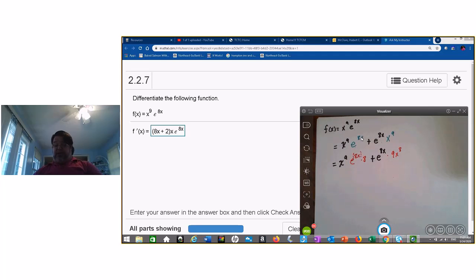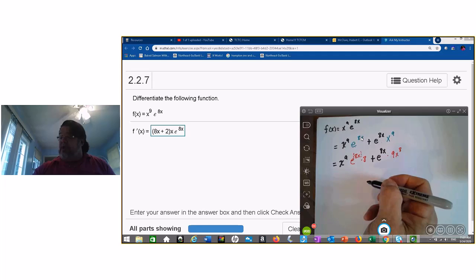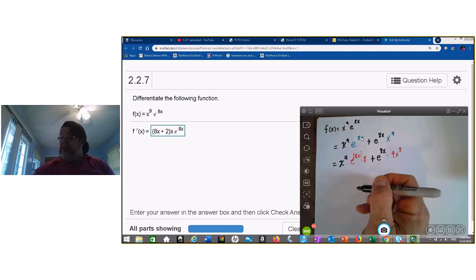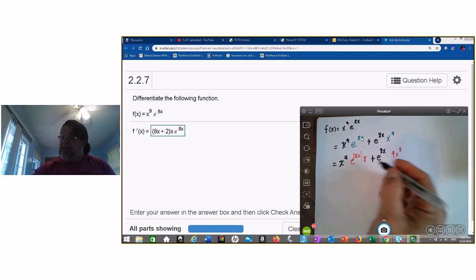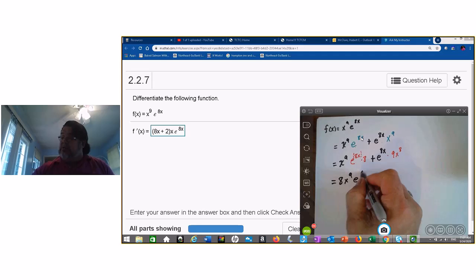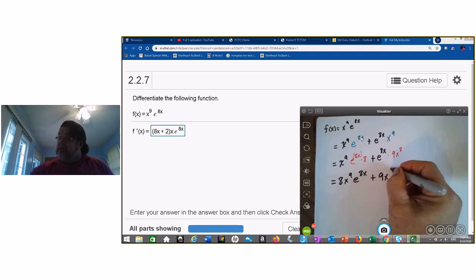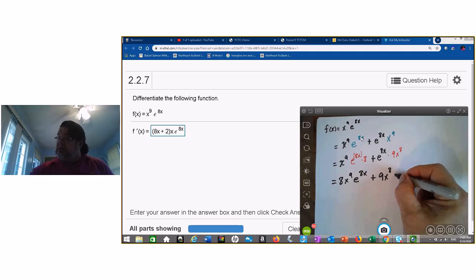So now let's condense everything. I'm going to put my e to the x's last. So that's going to be 8x to the 9th e to the 8x plus 9x to the 8th e to the 8x.